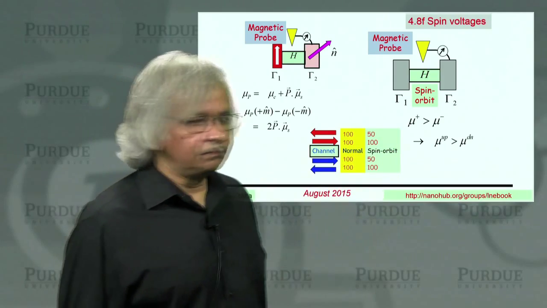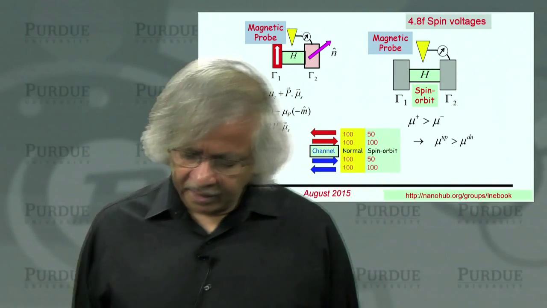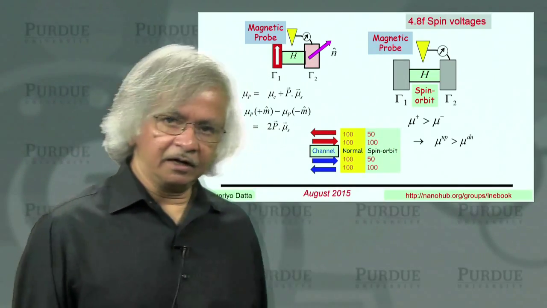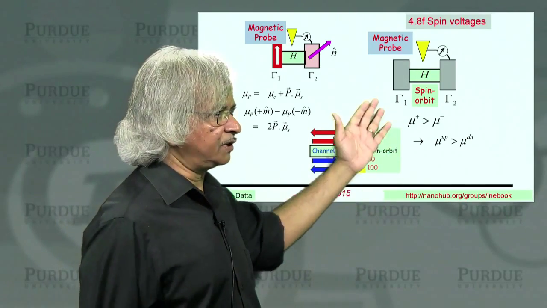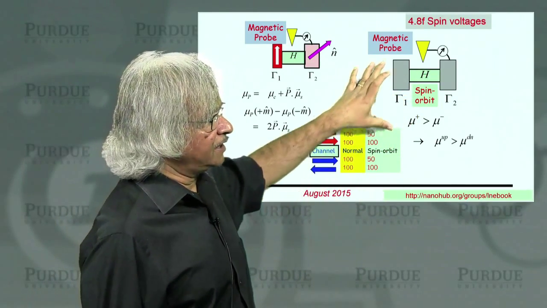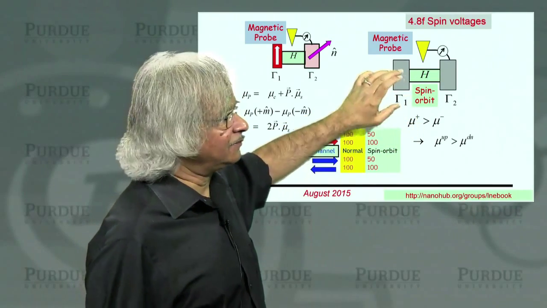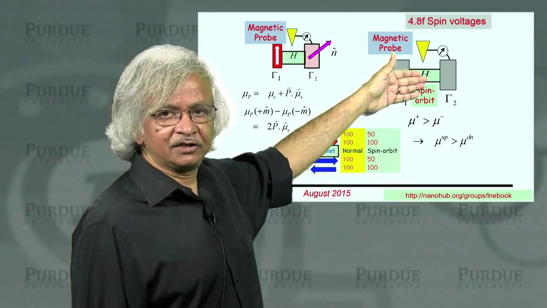Right? So this is something we had briefly mentioned in unit 3 of part A, the spin voltages in materials with high spin orbit coupling. But the point is that that is now a good way that has been established experimentally to establish spin potentials.